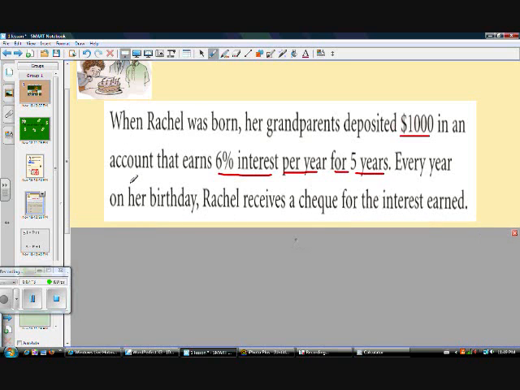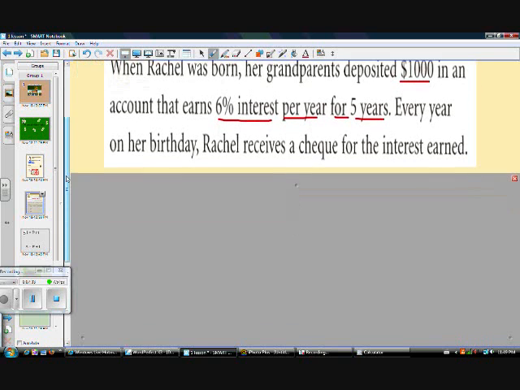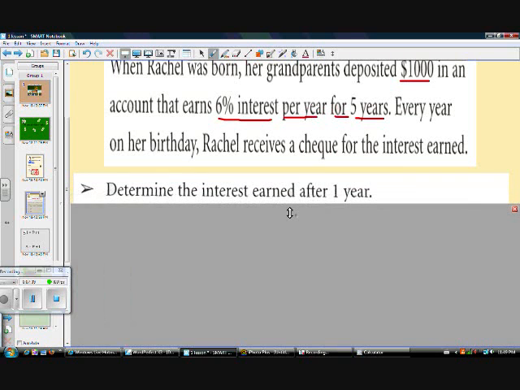So that's the situation. She was born, her grandparents gave $1,000, which they put into an account that earns 6% interest every year for 5 years. At the end of each year, she receives a check for the interest on that $1,000. Now what we're going to do is we have 2 questions to try to figure out.